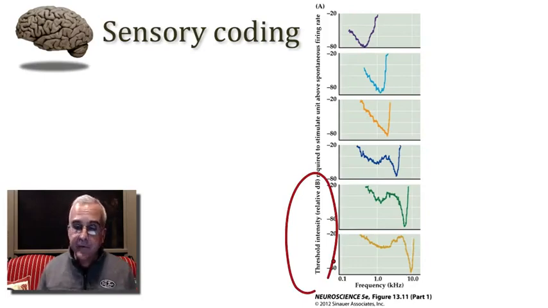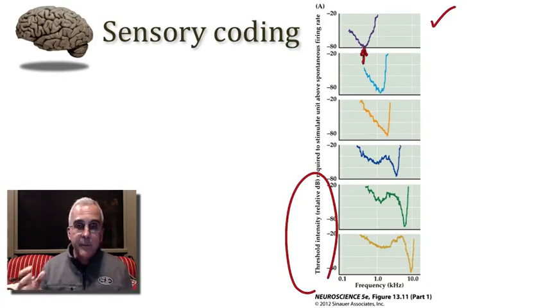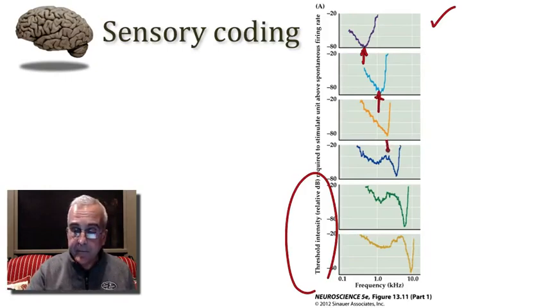And what we find, for example, with this axon that is plotted here in purple above, is that the threshold is lowest at a particular frequency, meaning it takes less amplitude of modulation to elicit action potential firing in that axon. Well, a different axon is going to have a different best frequency, and so on.